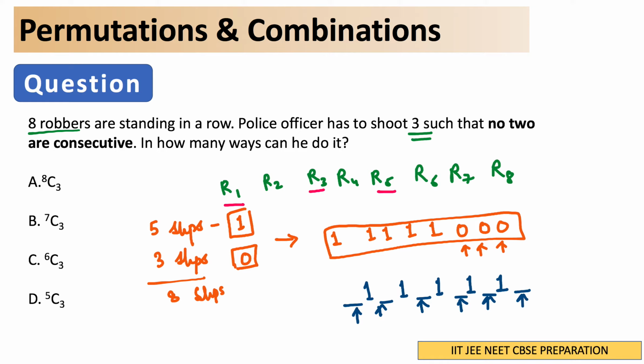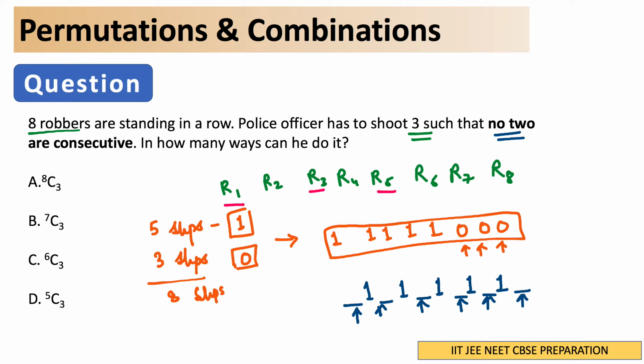And whenever we have questions like no 2 are consecutive, we have to use the gaps. Arranging these five ones will not lead to anything because one is the same. If they were different numbers, then it would have mattered, but it is 1 here. So we don't need to arrange the ones.